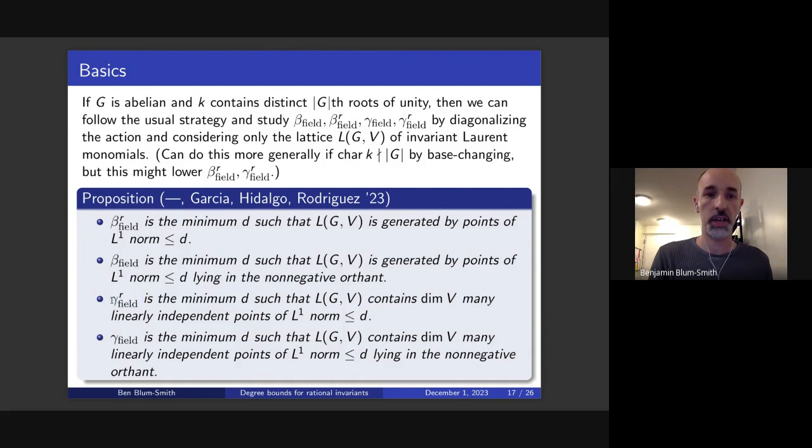So we just need dimension many linearly independent generators in the L1 ball of radius d, or dimension many linearly independent lattice points in the non-negative orthant and in the L1 ball of radius d. So this lets us study the question completely in terms of Euclidean geometry of lattices.